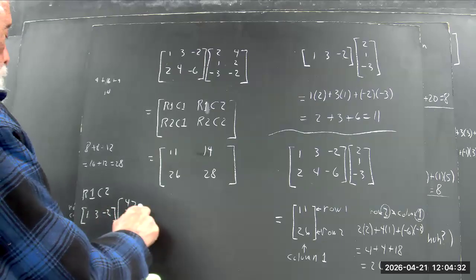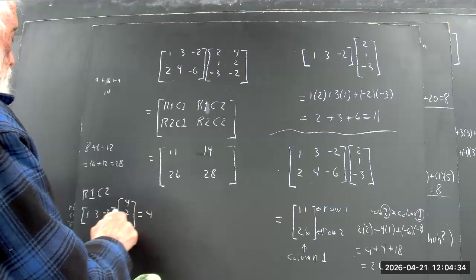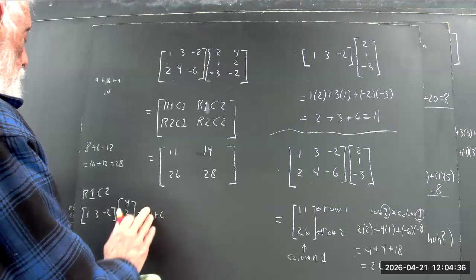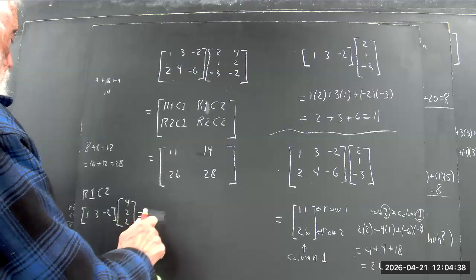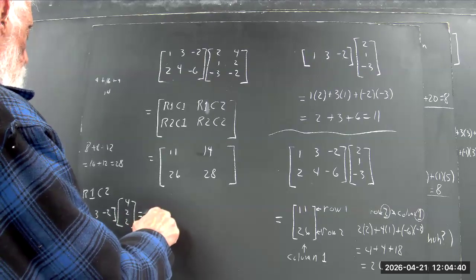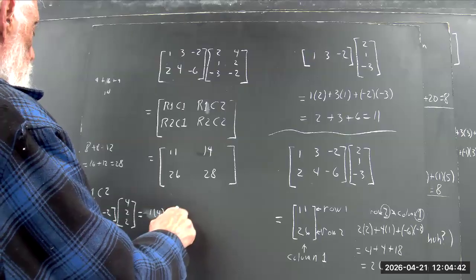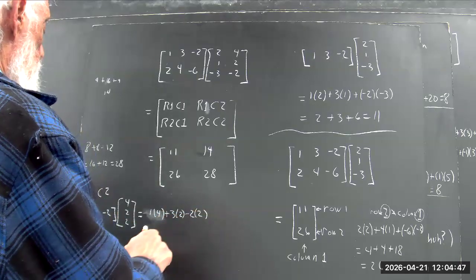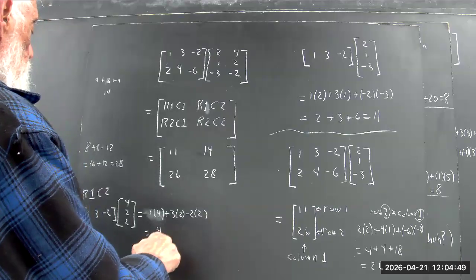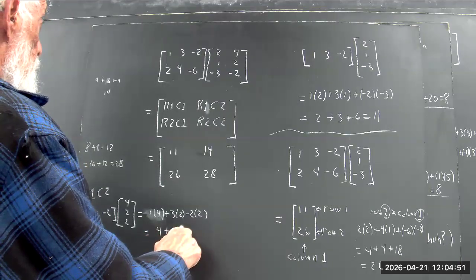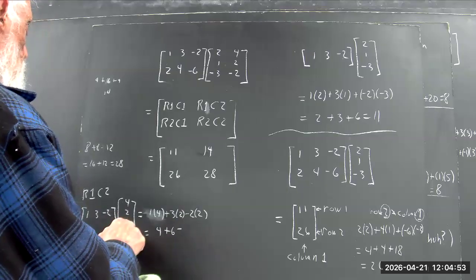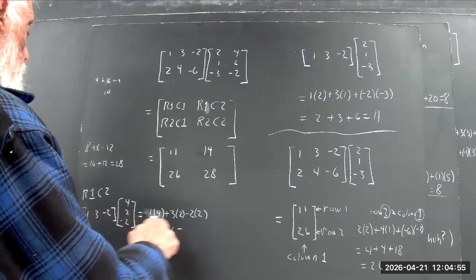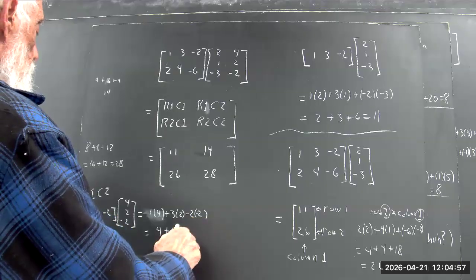Which equals 1 times 4 plus 3 times 2 minus 2 times 2, which equals 4 plus 6. It should be a negative 2 down here. 2 times negative 2.